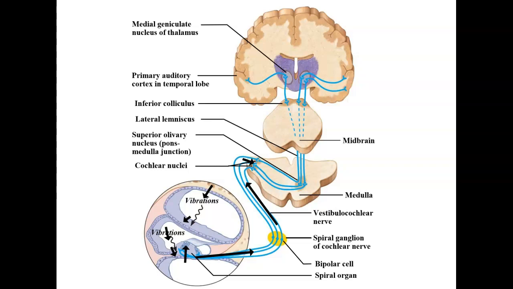That's where the vestibulocochlear nerve will innervate. That information crosses over in the medulla, then it's transmitted up through the midbrain and then to the thalamus. The thalamus then sends it over to the temporal lobe, where we actually have the sensation being picked up. So that's how sound is transmitted and then sent via the nerves to the brain.